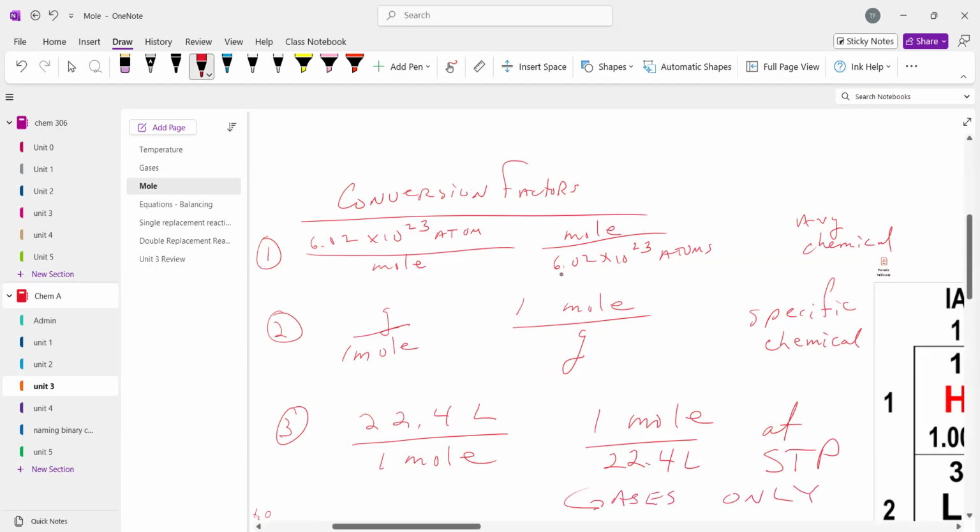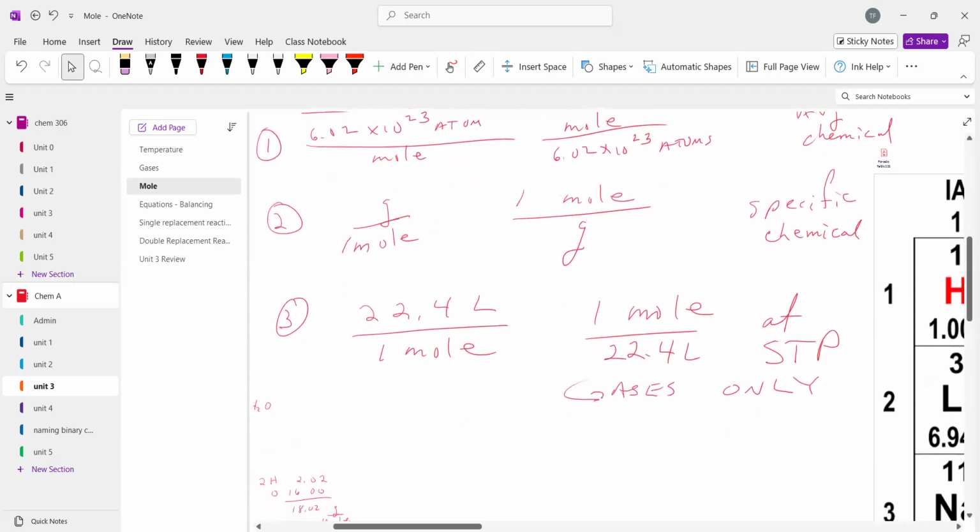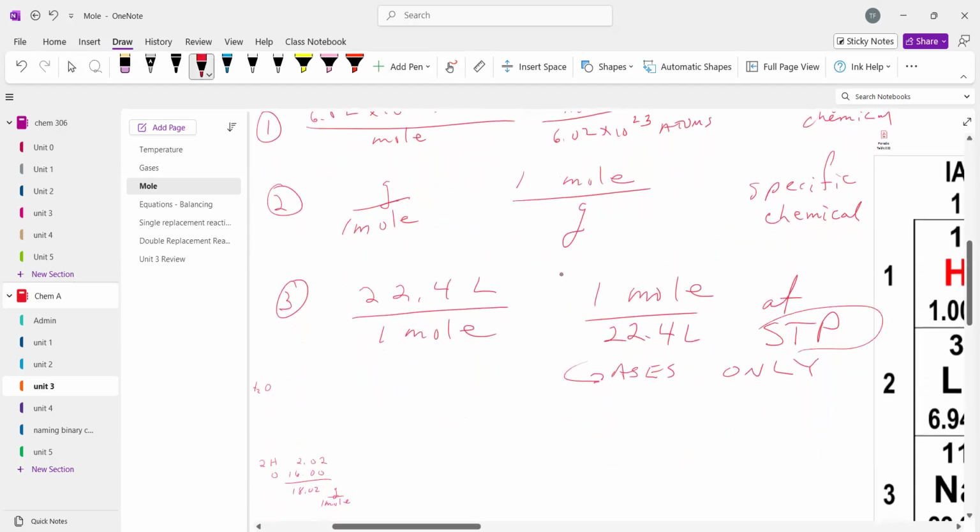Now, because gases can compress and expand, we have to specify two things whenever we talk about gases: temperature and pressure. At standard temperature, 0 degrees centigrade, and 1 atmosphere, that gas will occupy 22.4 liters. No other specifications.